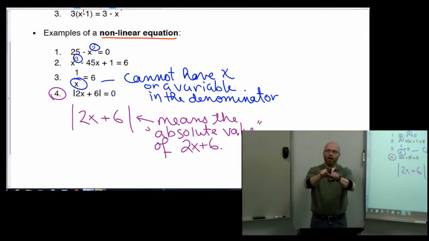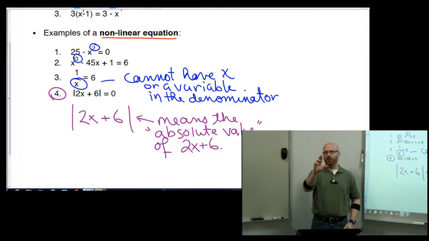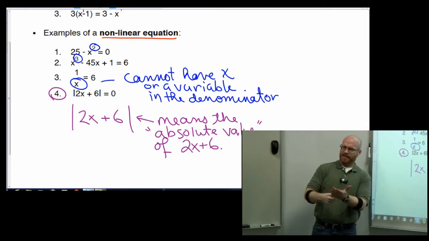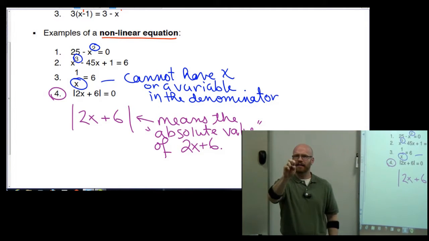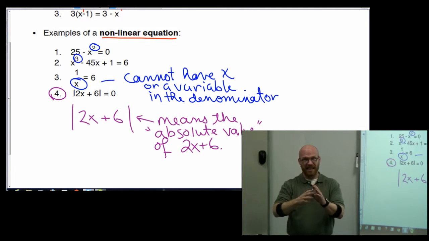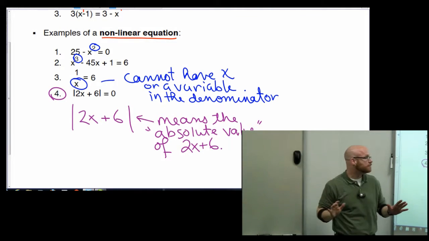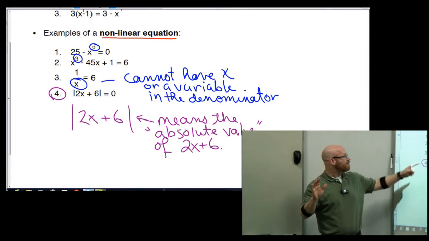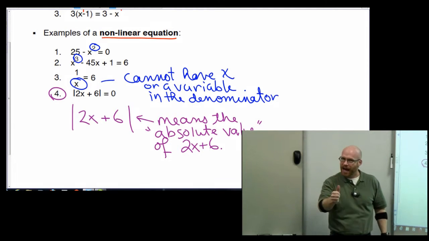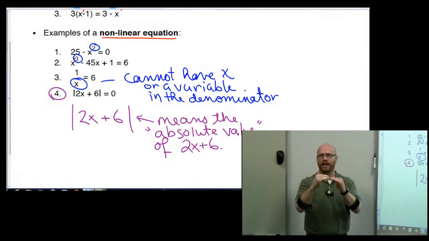Absolute value is also not linear. You keep hearing the word linear again and again, meaning it's a straight line if we graph it. So these are non-linear equations.